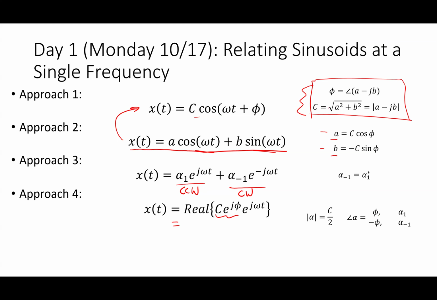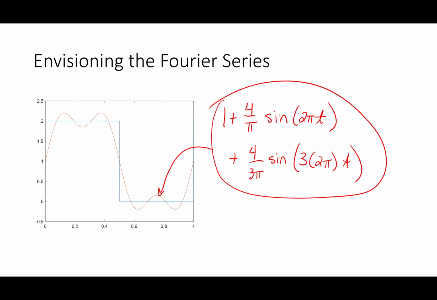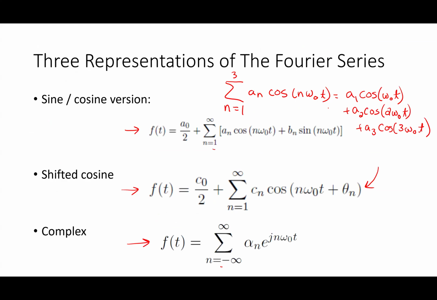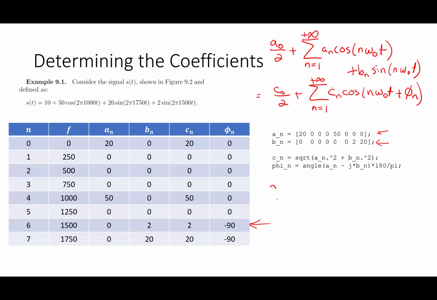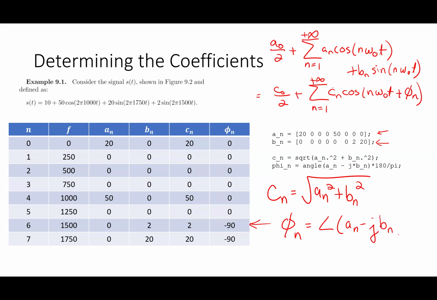So what I did here is I said that at the nth harmonic, Cn is the square root of an squared plus bn squared. And the angle phi n is equal to the angle of an minus j bn.